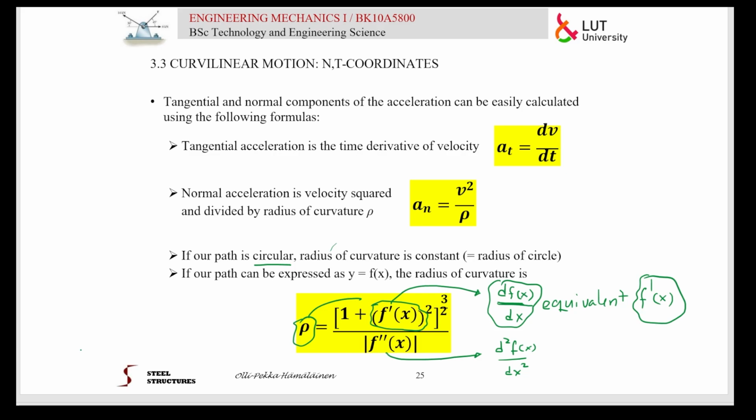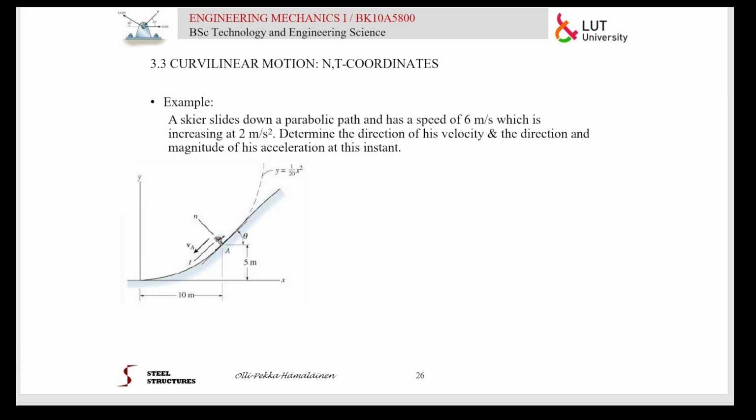All right. Let's see. It says a skier slides down a parabolic path. Now they're telling us what the path is. It's a parabola. And has a speed of 6 meters per second, which is increasing at 2 meters per square second.